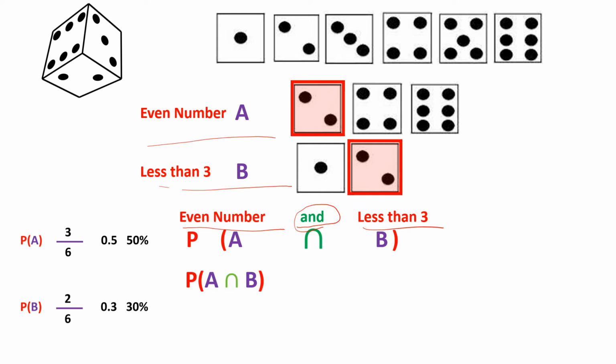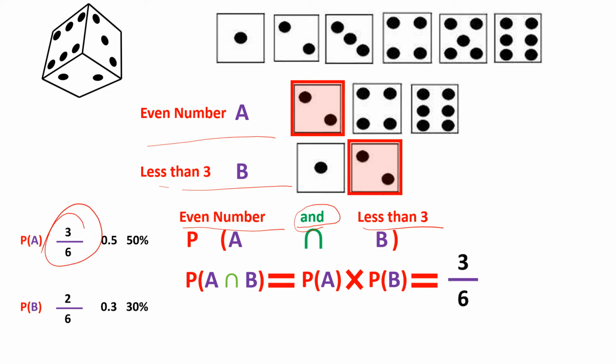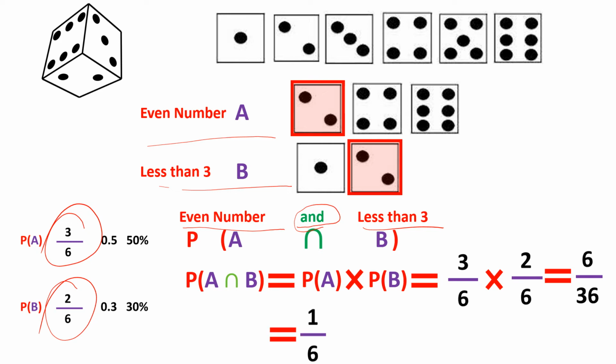So the probability of A intersection B will be equal to probability of A into probability of B, and when you put in the real numbers, we can see that probability of A is 3 by 6 and probability of B is 2 by 6, right? So the number we get is 6 by 36, which if you further solve, you get 1 by 6, and this is approximately 0.16.